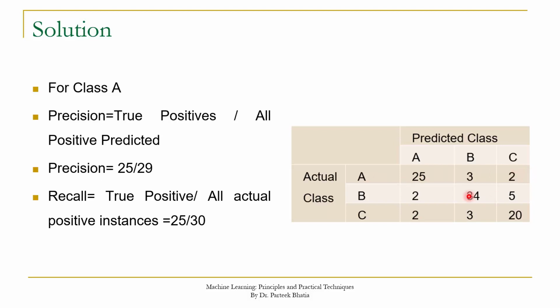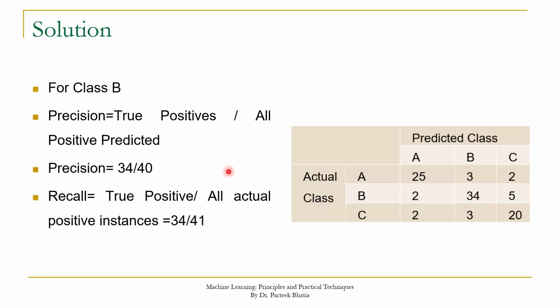In the same way, we can calculate precision and recall for class B and class C. Now let us calculate this for class B. So its precision will be the total time the classifier is predicting class B is 34 plus 3 plus 3, which is 40, and out of these 40, 34 times it is correct.